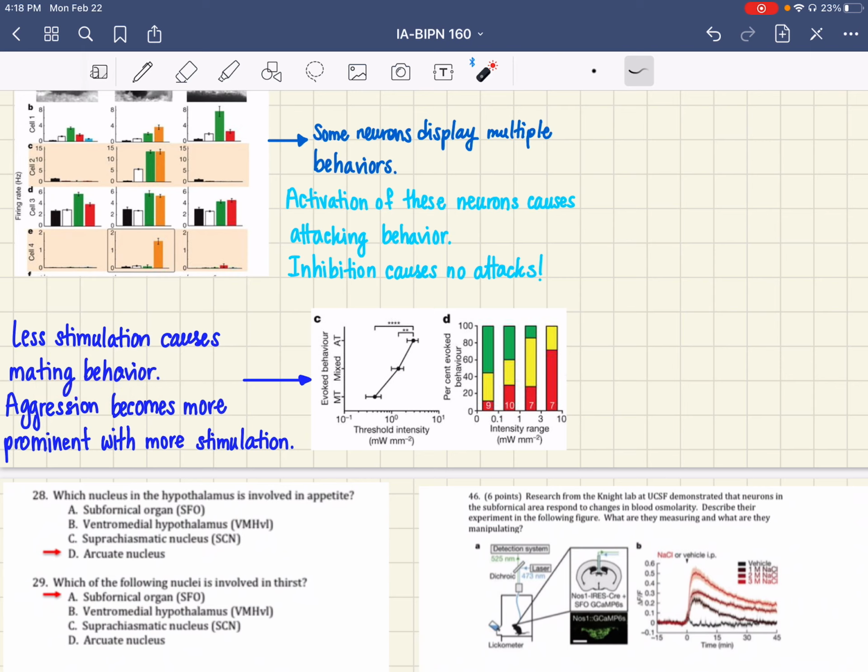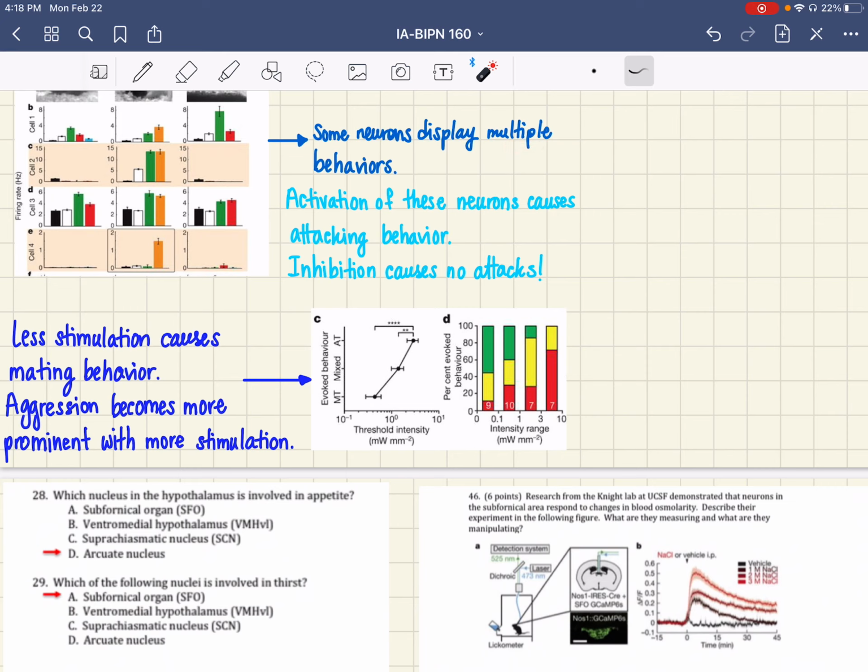However, aggression becomes more prominent with more stimulation, right? So threshold intensity: the more intense the stimulation of these neurons becomes, the more evoked behavior is displayed by the mouse.